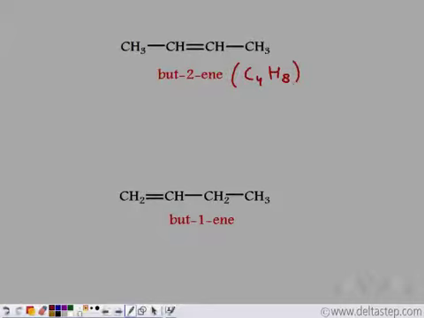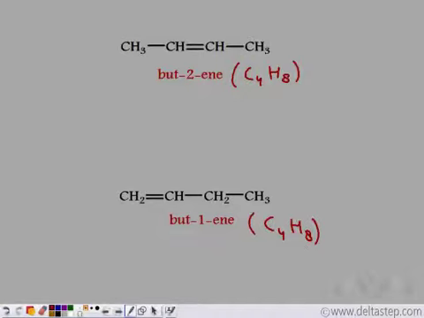Now, when we shift this double bond to position 1, we get but-1-ene. Again, let's see the molecular formula. We have 1, 2, 3, 4, 4 carbon atoms. And 2, 3, 4, 5, 6, 7, 8, 8 hydrogen atoms. So in both the cases, the molecular formula still remains the same. It's C4H8 in both the cases.